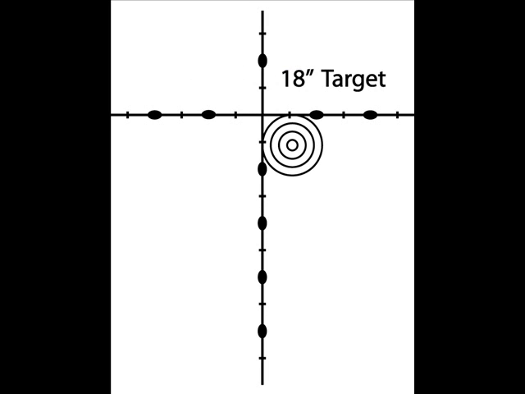Okay, we're going to move to another example. This is also an 18-inch target, but you can see that this target appears to be much smaller. It's still 18 inches, but it appears smaller in your scope. This one might be 1.1 mils.